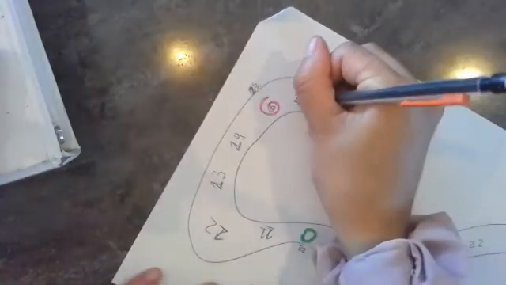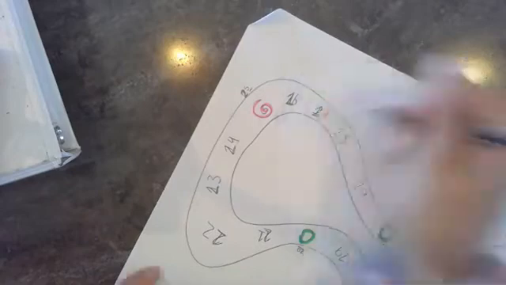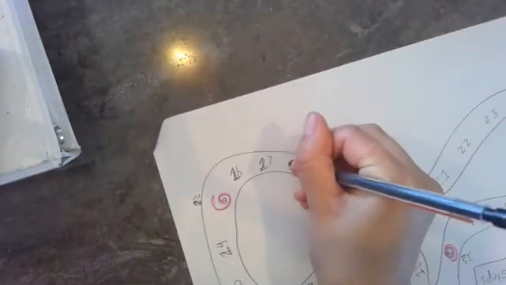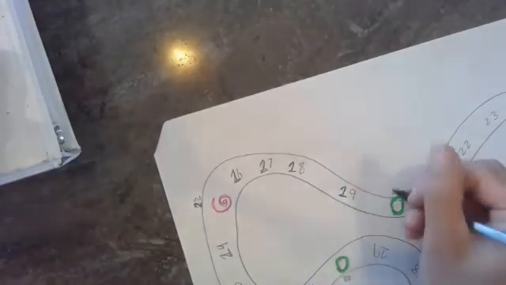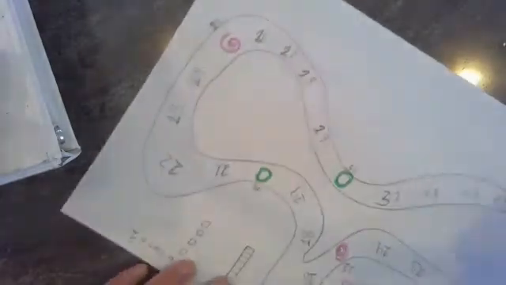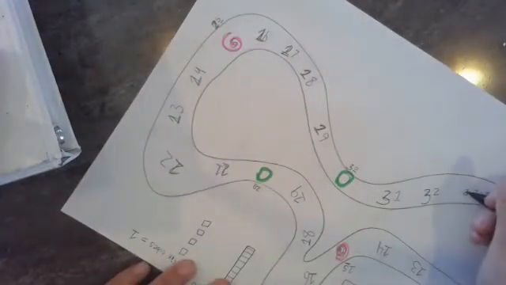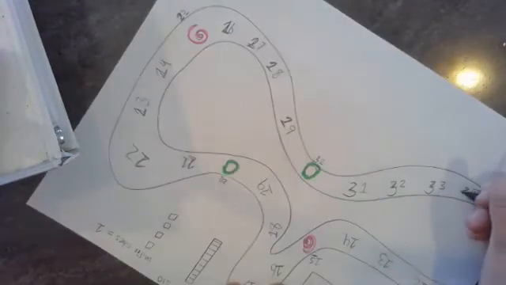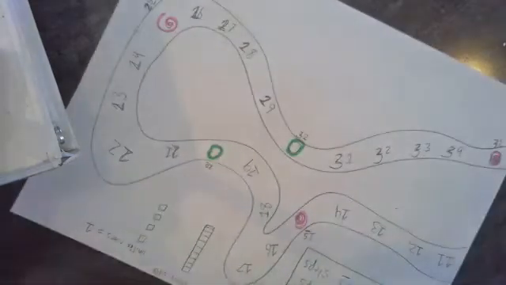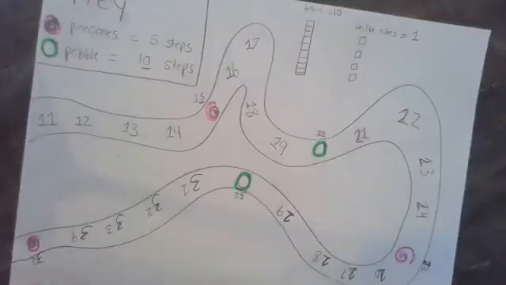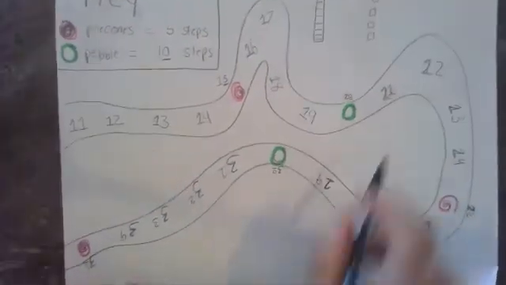We're making these ones into twos now. 26, 27, 28, 29, 30, 31, 32, 33, 34, 35. So now we've increased all these numbers by 10. Now we have all double-digit numbers.